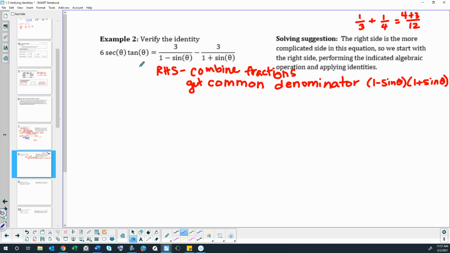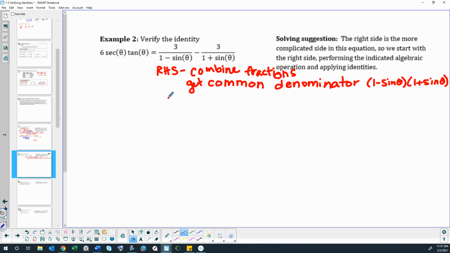Same idea here. 1 minus sine theta and 1 plus sine theta are two completely different numbers, because sine theta represents some decimal for some angle, and subtracting that from 1 and adding that to 1 are two completely different things. So hopefully that makes sense, that we need to multiply them to get that common denominator. Sorry if you were writing down my hint. I just did away with it so it didn't complicate my screen.